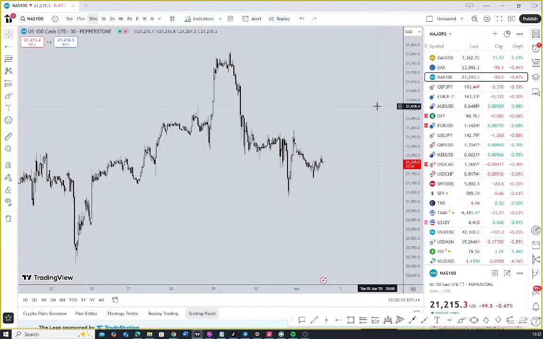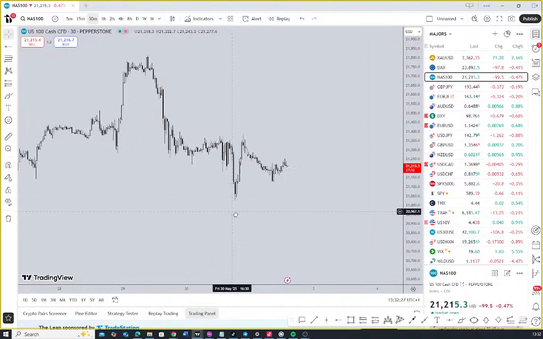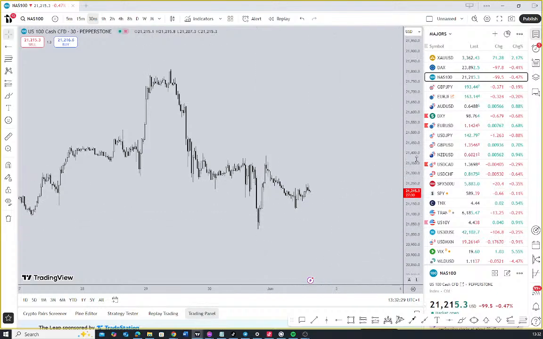The reason I say that, fundamentally speaking, 49 is showing that the market is in contraction, not expansion. So anything below 50 is contraction. Even if it is a better number than the previous month, it's still effectively the market going backwards.